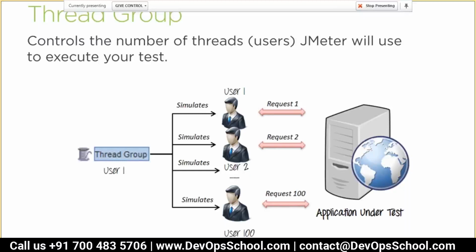So you want to create a load on the application, and that is controlled by the thread group. In the thread group, you can declare the number of users, the number of requests to be made, and concurrent requests, parallel requests, sequential requests. All this request specification you define in the thread group. So that is the thread group.